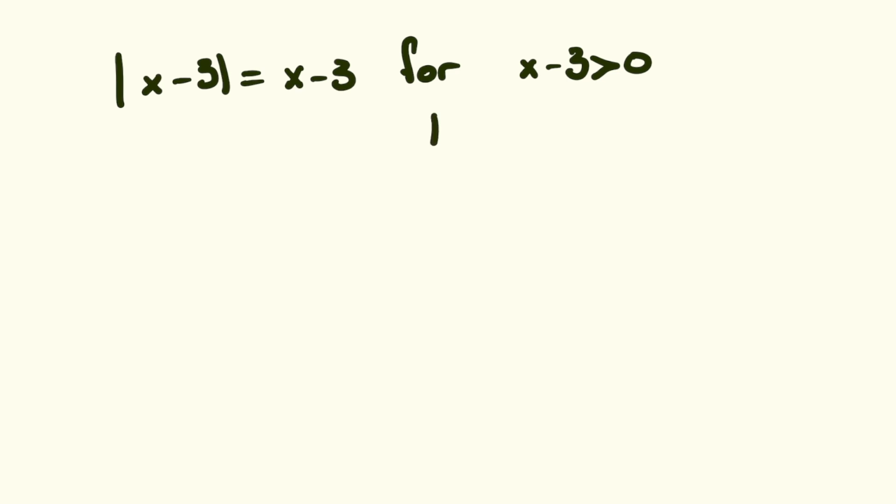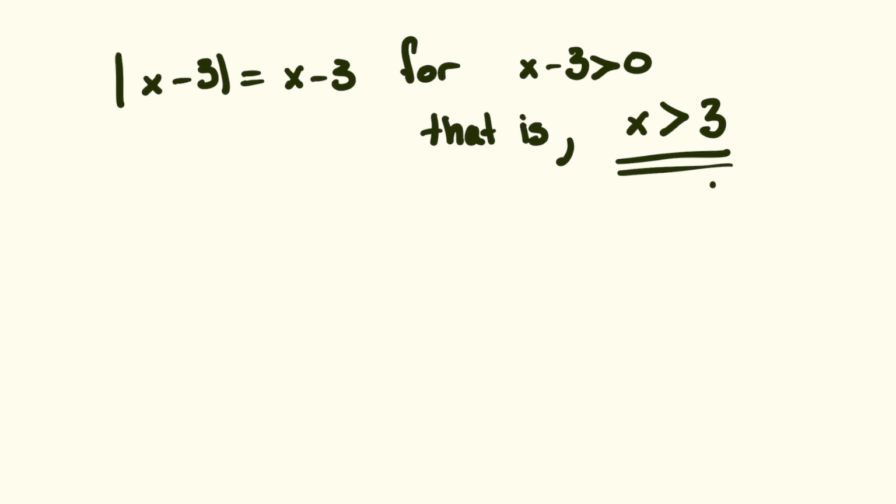And I'm going to add into that, and this is where we really need it, if we add 3 to both sides of our inequality, we mean x is bigger than 3. So this is coming from the right-hand side. In other words, we're looking at the right-hand limit right here. And we will write that out.